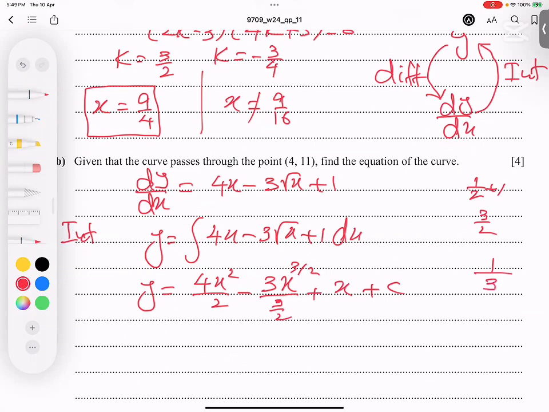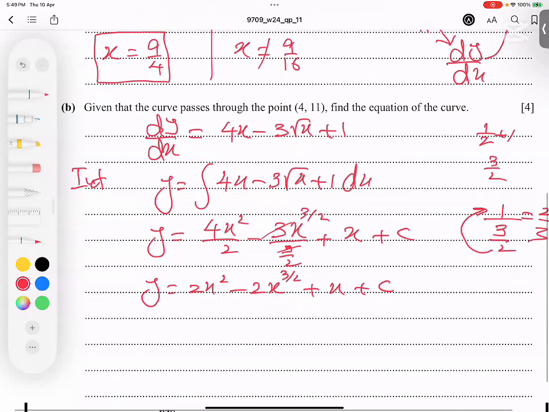And 1 over 3/2 will go up, so this 2 multiplies up. The 4x integrates to 2x squared. The 3 will cancel and 2 will go up, so we get 2x to power 3/2, plus x, plus c. But now I'm going to plug in x equals 4 and y equals 11.